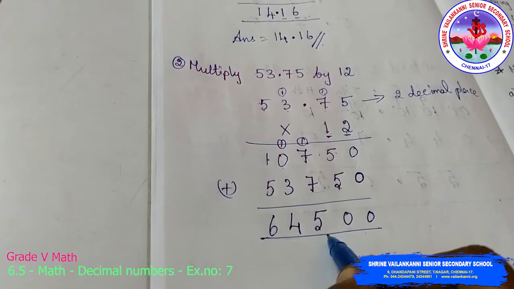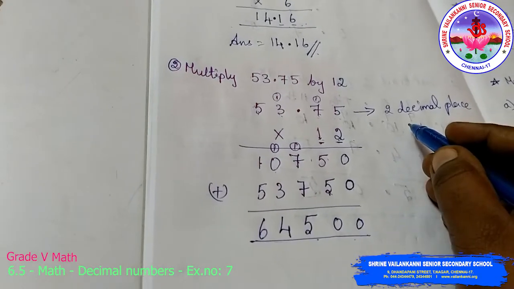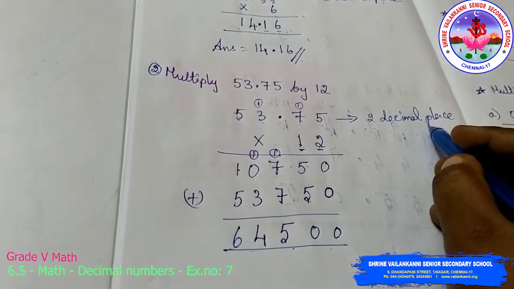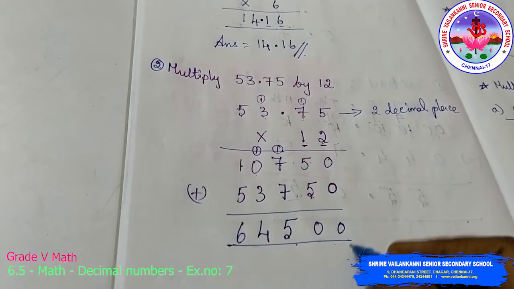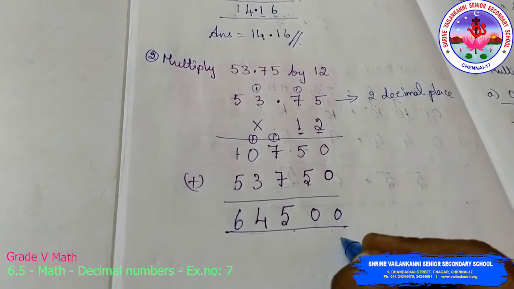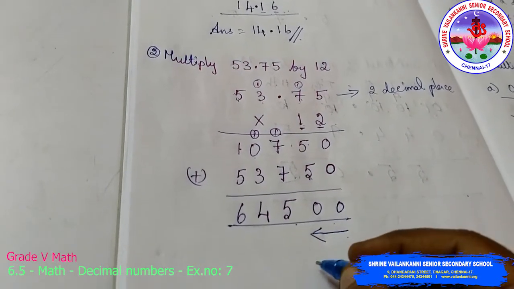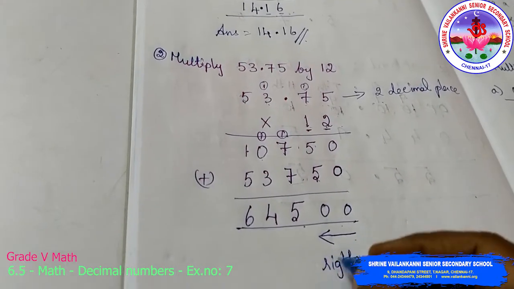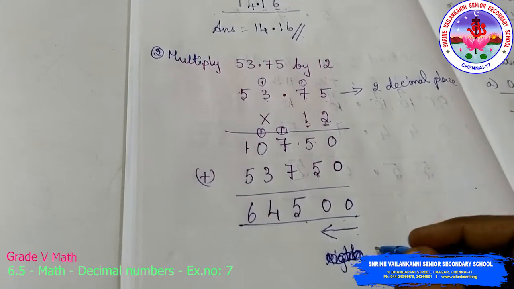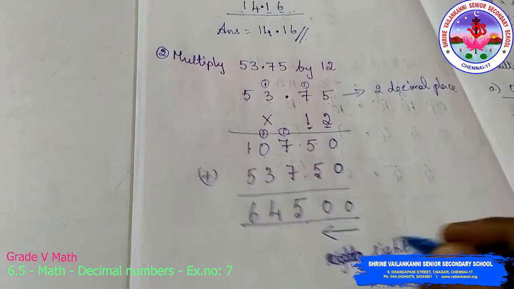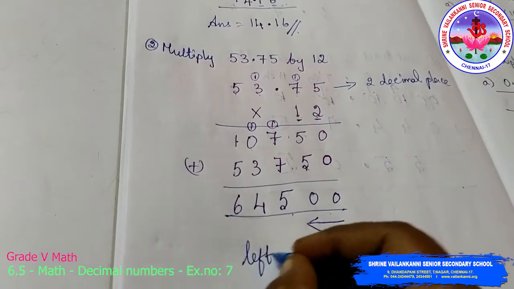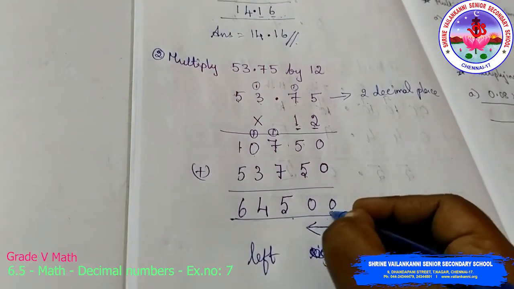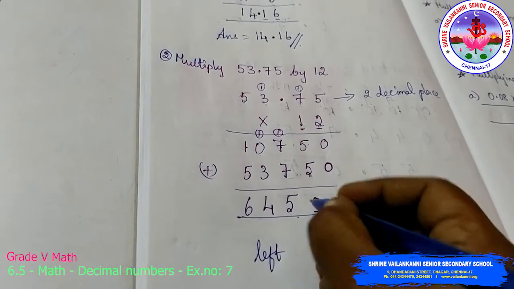After finding the answer, now go for the decimal places. How many decimal places after the decimal point? 2 decimal places. So from the right side to the left side, see, right to left you have to move 2 places. 1 place, 2 places.